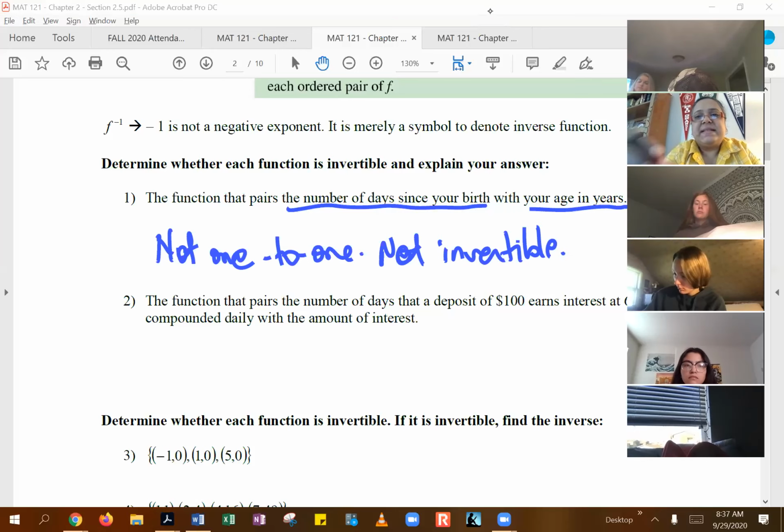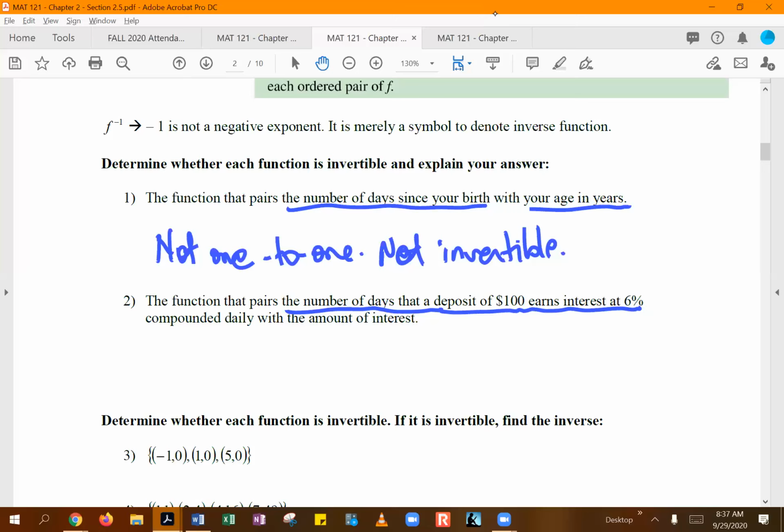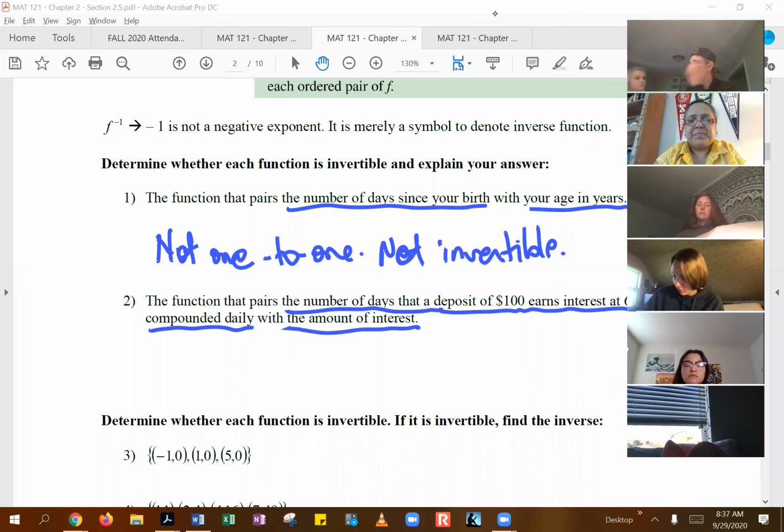Okay? So for this second example, they're still kind of using this whole idea of number of days, but this time the function is pairing the number of days, for depositing $100 at 6% interest, which is being compounded daily, with the amount of interest. When we're talking about compounded daily, that means your interest is calculated on a daily basis. If we say compounded monthly, that means the interest is calculated once a month.